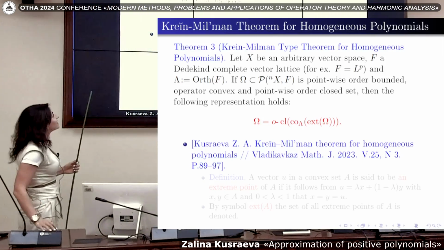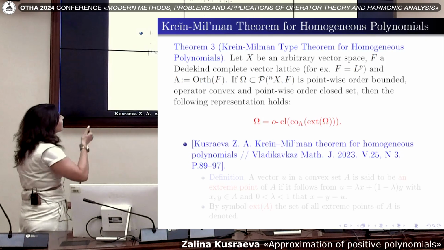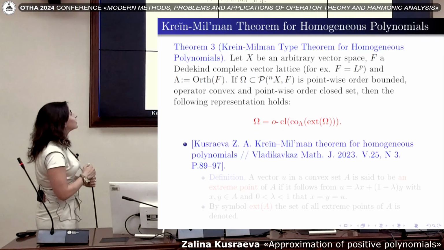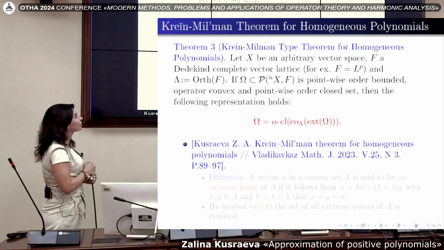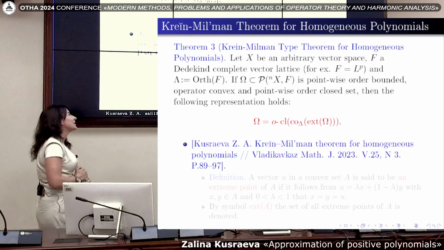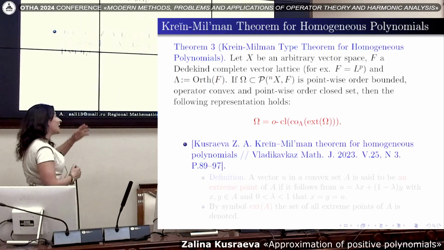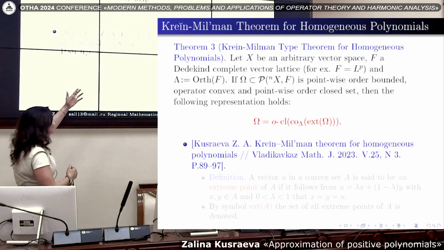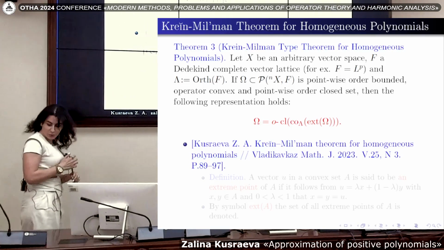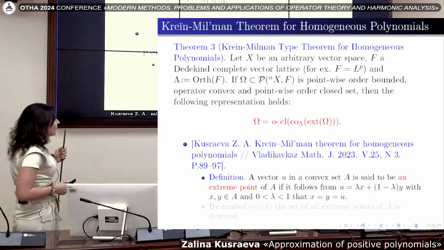It says that a set omega, which is pointwise order bounded, operator convex and pointwise order closed, can be represented as the, let me say, operator convex hull of its extreme points. This result was obtained, as I said, and published in 2023.